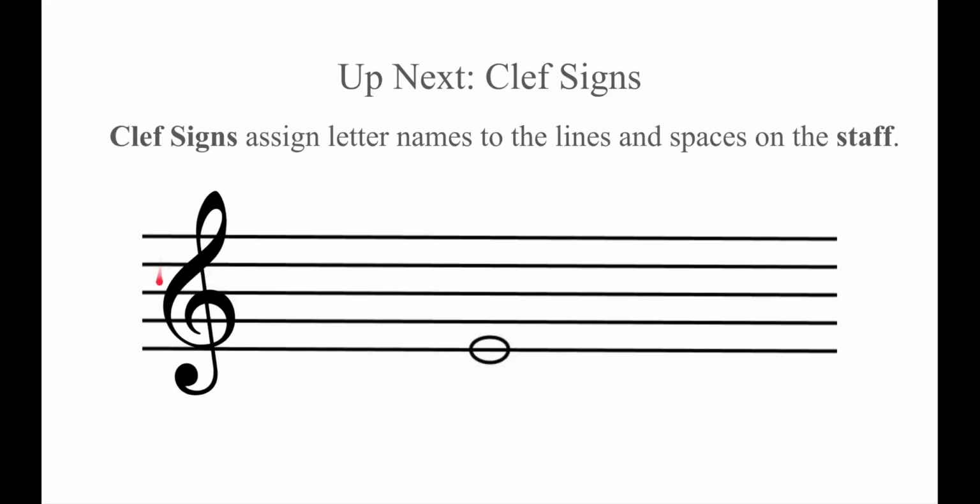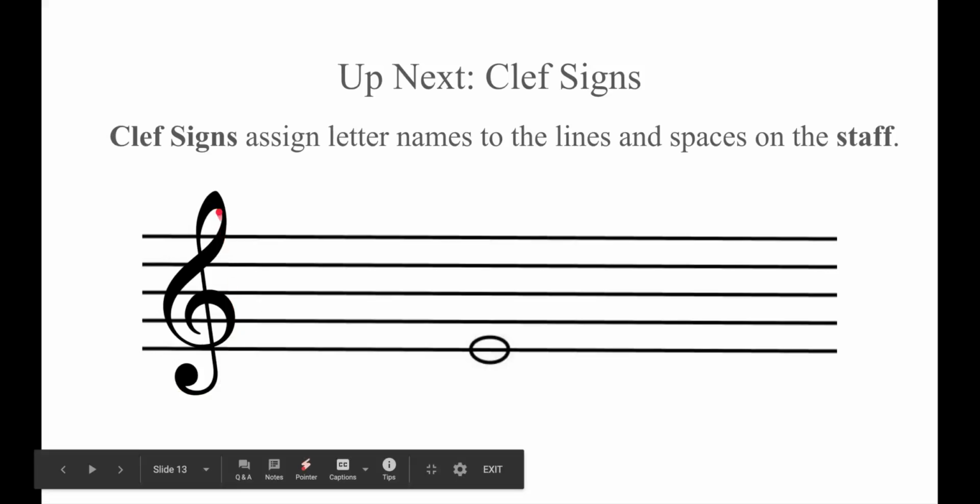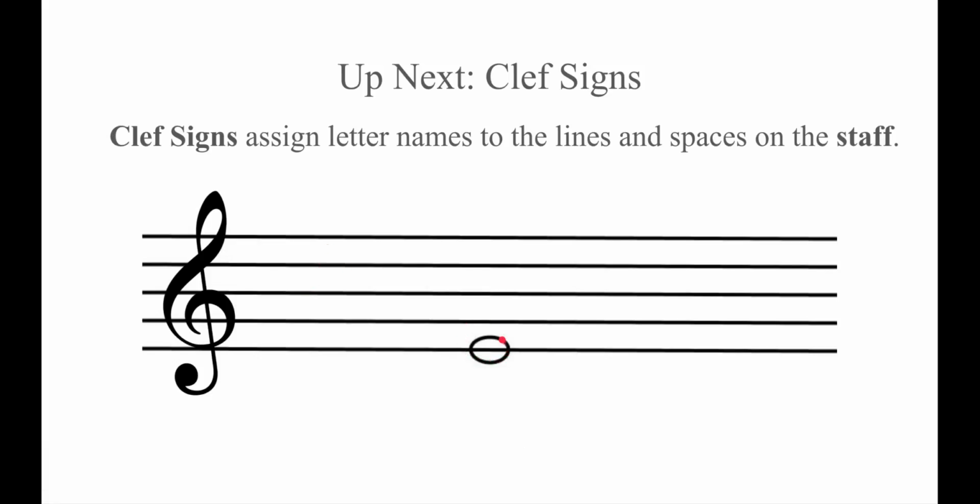So violin students read from treble clef. We call this a treble clef, and also the right hand of the piano. So when this clef sign is here, all the lines and spaces are then assigned letter names, and this one is in fact E. However, if the treble clef is not there, we can't say for sure that this note is an E. And let me tell you what I mean.